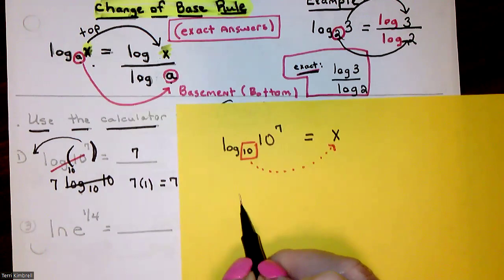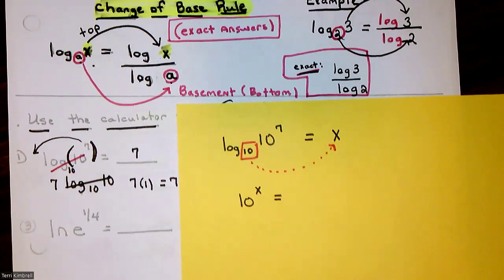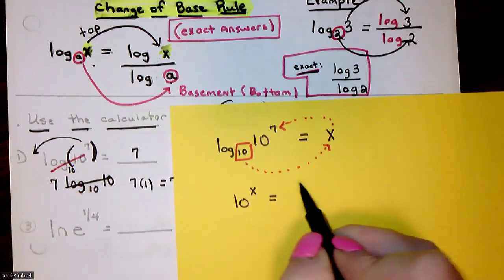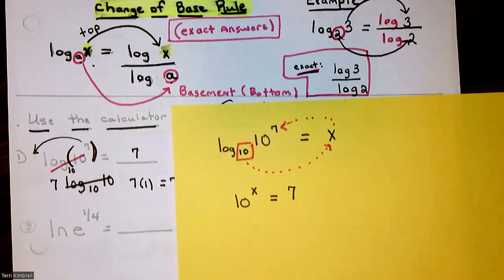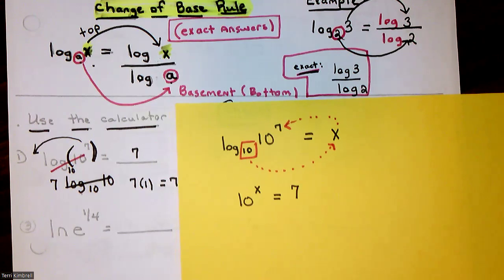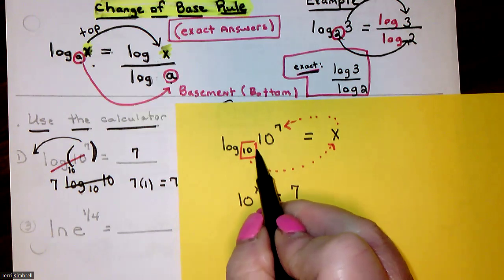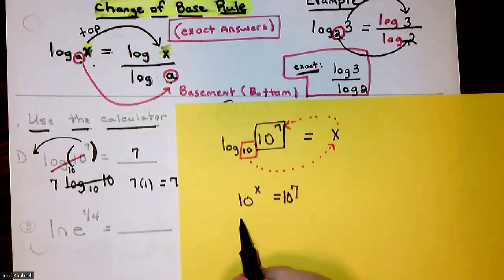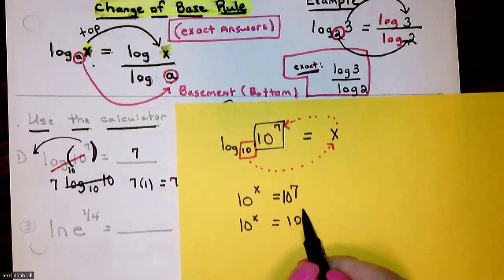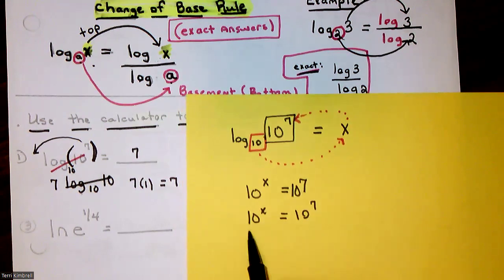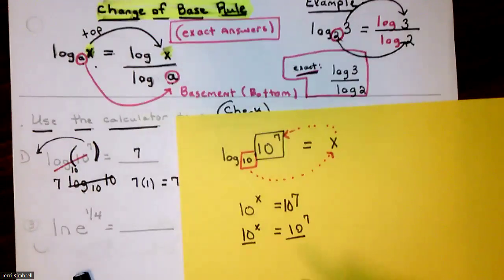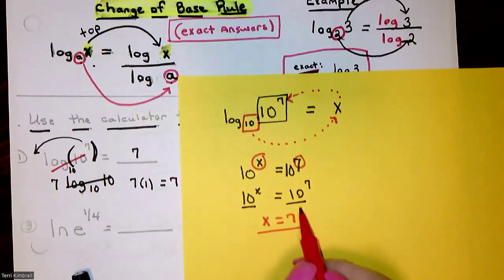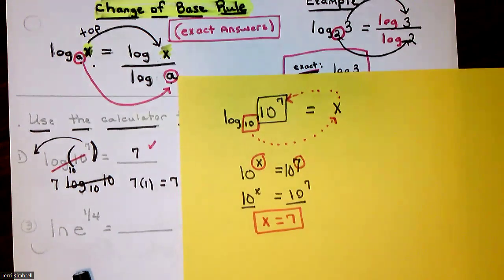And you would say 10 to the x power equals 10 to the 7. Okay, so now we notice that both of these are base 10, so the bases are the same. So the exponent would be x equals 7. So that checks with our answer.